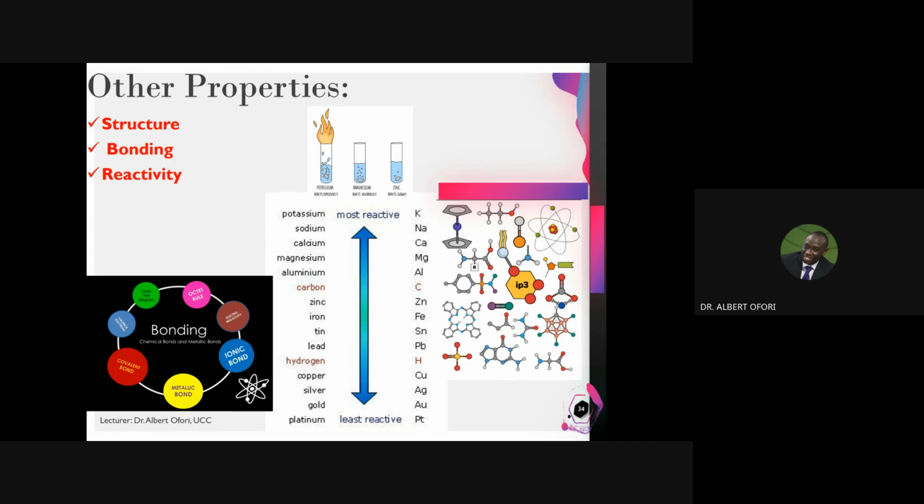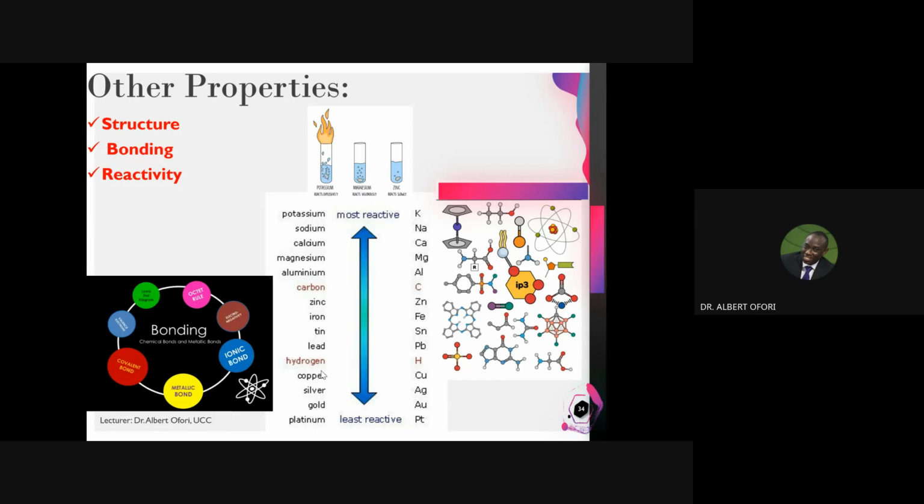So some are more reactive than the others. If we take the reactivity series, you see potassium is more reactive than sodium, and the reactivity decreases as we go down. I mean, not group as in the periodic group, but in the reactivity series, we'll see the main group being more reactive than the transition metals, if you want to put it that way. So that's something which we should bring on board.